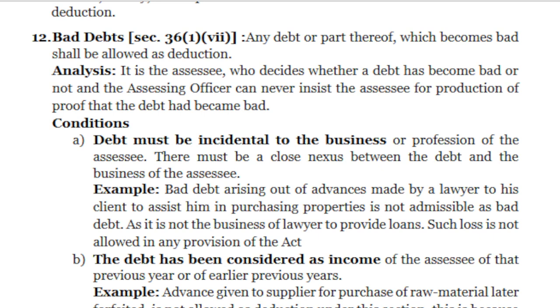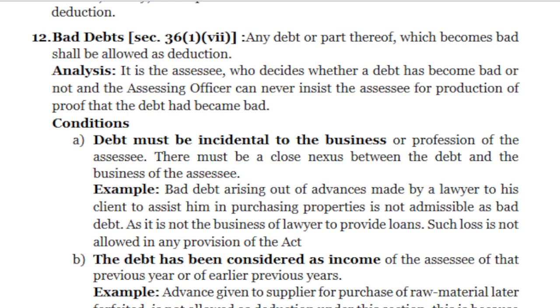So he cannot, as an assessing officer, insist that the assessee produce proof. He cannot ask you to please give the evidence that it has become bad debt. How can you give any evidence for it? If some customer has not paid your money, can you create a proof that he has not paid?